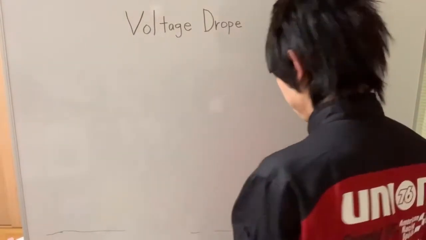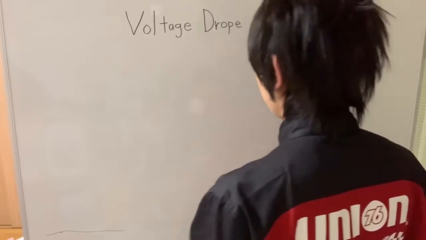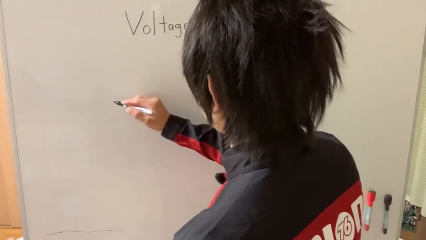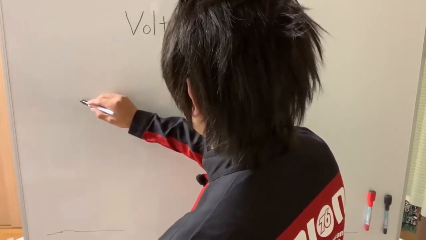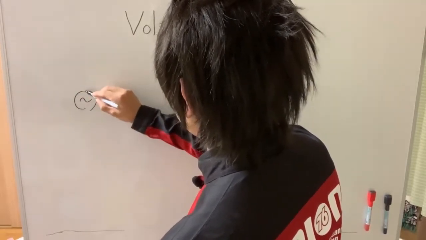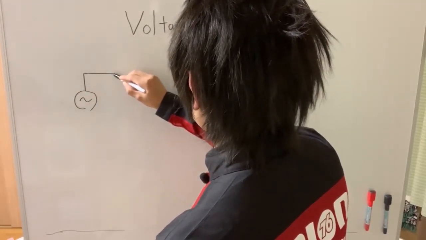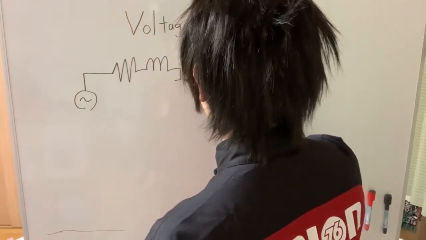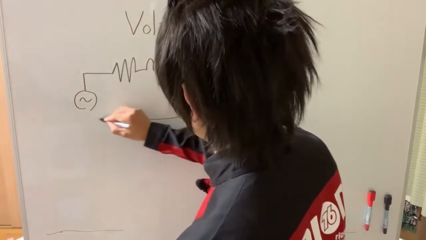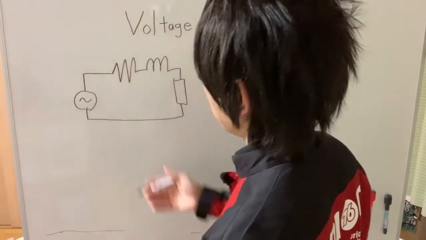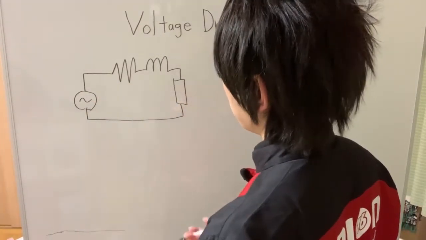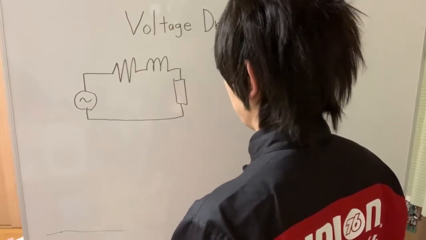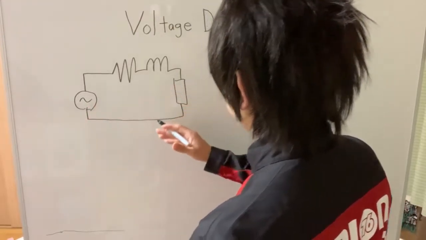Okay, so let's think about how a voltage drop occurs in this power system, formed by an AC source, like the secondary of a power transformer or a simplified version of a generator, and it is feeding the load.